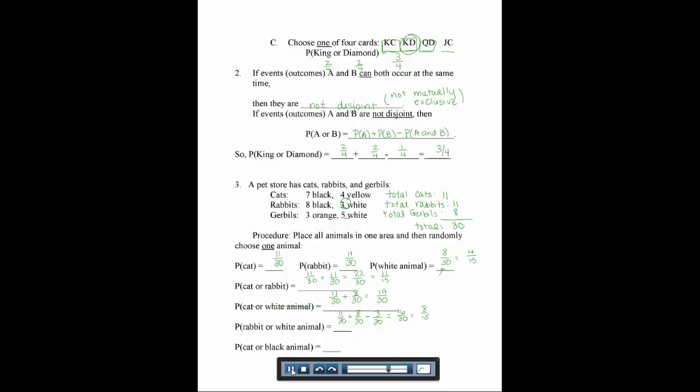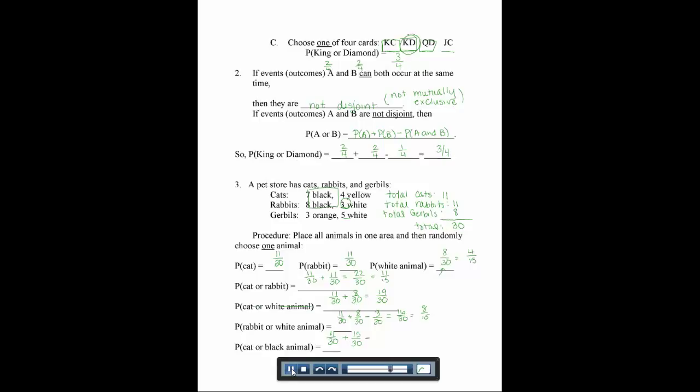Okay, and finally we want to know what's the probability of getting a cat or a black animal. So again, in this pet store we have black cats, so this isn't disjoint. So we need to know what's the probability of getting a cat, which we know is 11 over 30, plus the probability of getting a black animal. So we need to figure out how many total black animals we have. We have 7 black cats and 8 black rabbits. So that gives us a total of 15 out of 30.